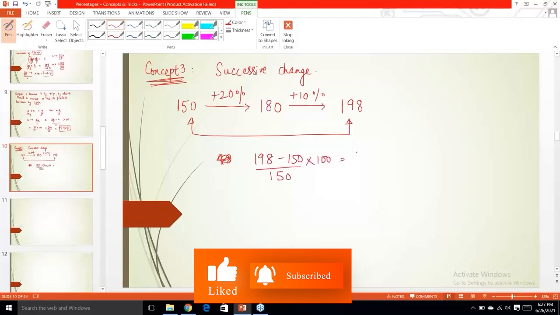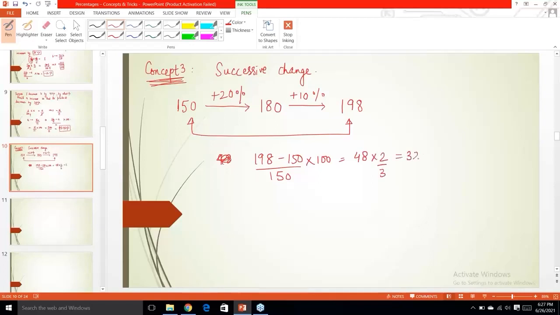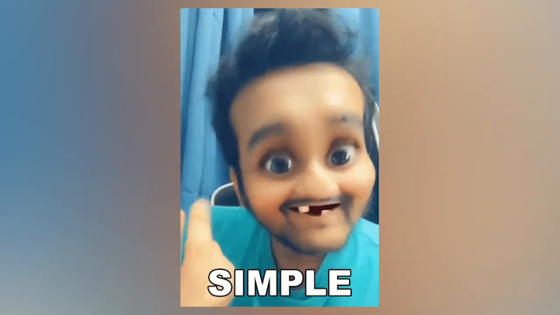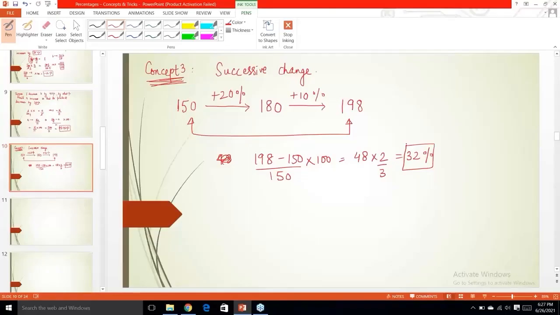Which is 48 into 2 by 3, which is 32%, right? This is how you do it in a very basic way. There's no harm in doing it. If the numbers are very simple, it's probably worth using this method itself. You don't need to go for any shortcut.